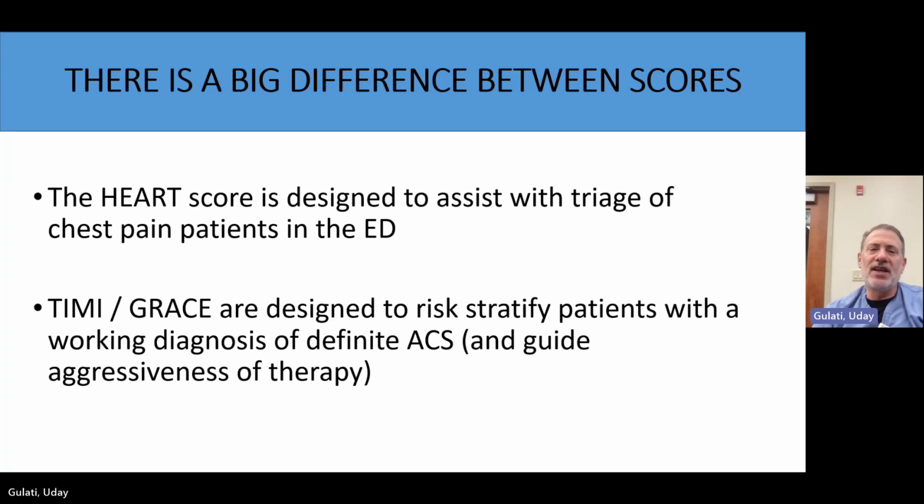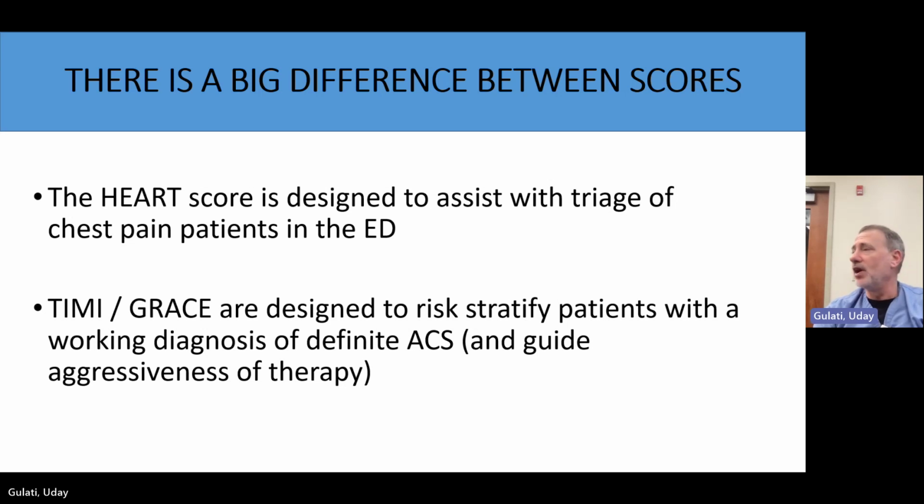But it's important to understand that there's a big difference between the scores. TIMI and GRACE were validated and designed to risk stratify patients with a working diagnosis of ACS and guide the aggressiveness of therapy, right? Whereas the heart score is really designed to assist with triage of chest pain patients in the ED. So if you're managing a patient in the ICU, it's a Saturday morning, and you know that the cardiologist is going to be by in 6 hours and is then probably going to say, well, let's cath this patient on Monday, you may want to apply the TIMI or the GRACE score.